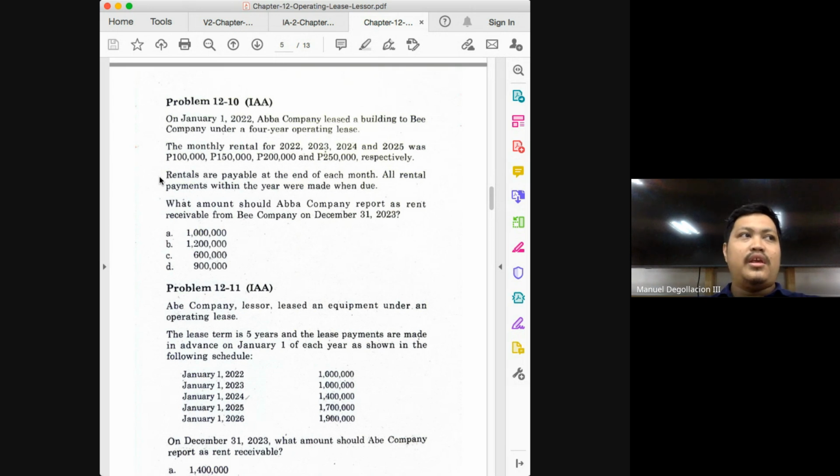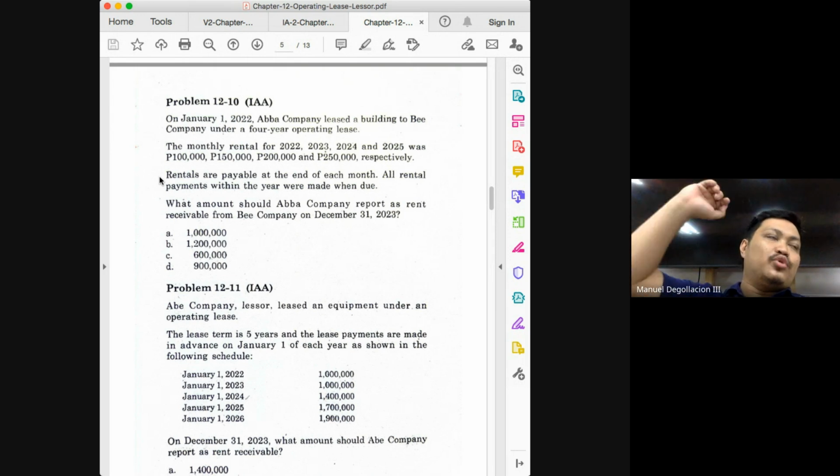And the common question here would be, how much would be your rent income? And since we will mostly be using the straight line method, then year in, year out, your rental income would be the same.